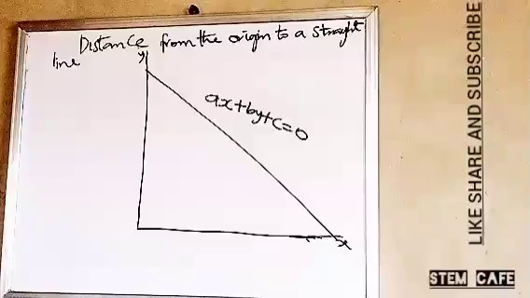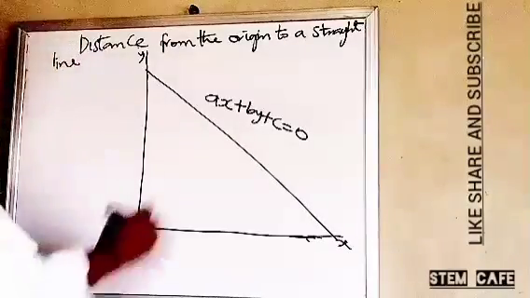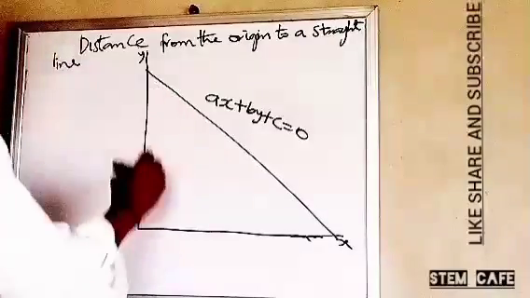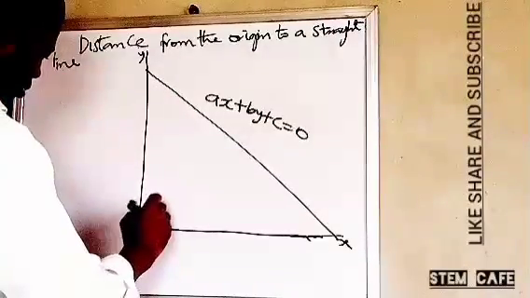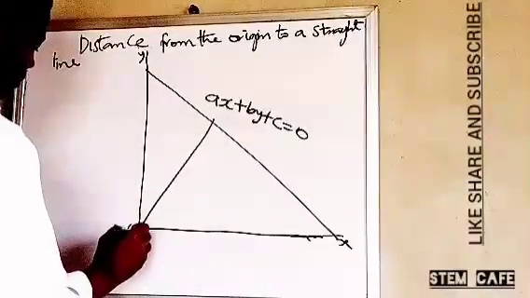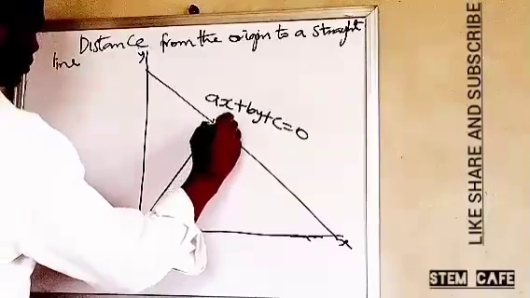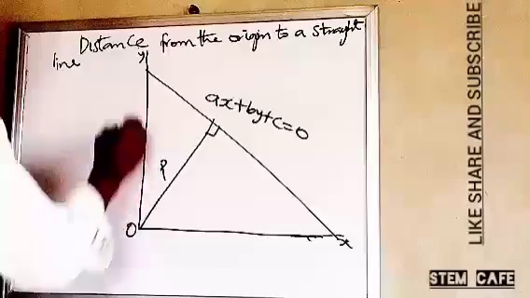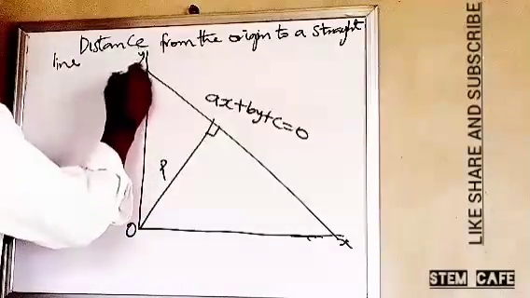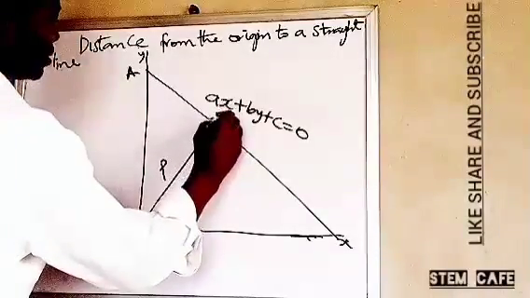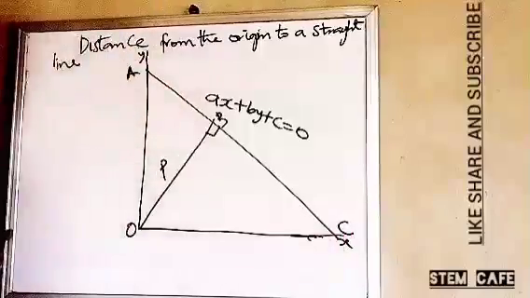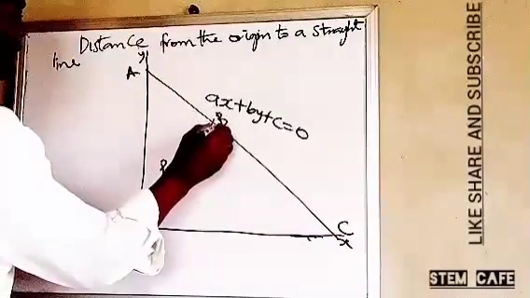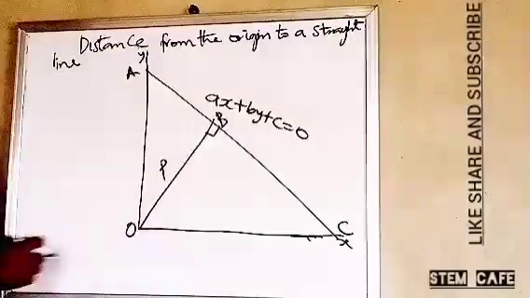Now we have to find the distance from the origin to a straight line. How do you go about it? We are talking about the perpendicular distance from the origin. Let's say this is the origin. This is the distance. The distance is P. Let's label the points O, A, B, and C. Our equation for the straight line is AX plus BY plus C equals 0.